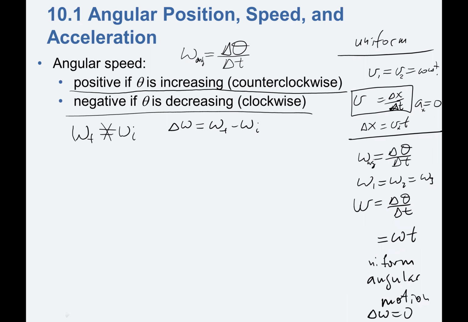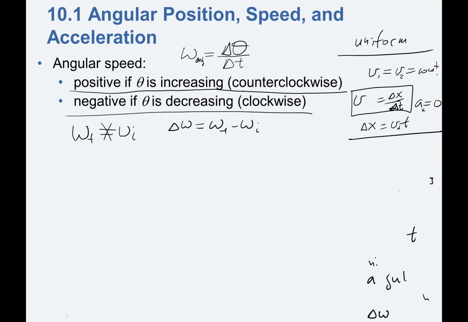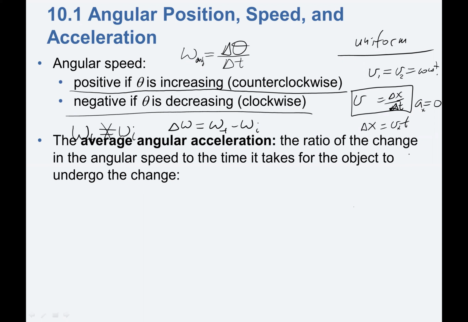All right, so let me kind of clean this up. That means what we get here is non-uniform motion. And with non-uniform motion, we can have an acceleration. But this time the acceleration is not linear, but angular acceleration. Because what we're doing is considering the change in angular velocity as a function of time.